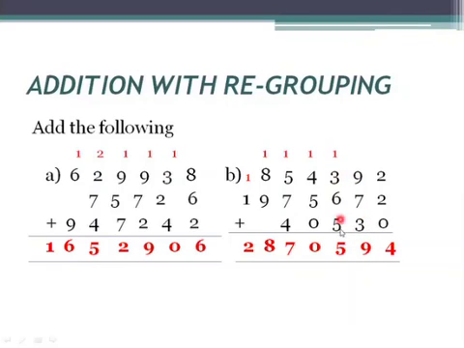So now all these 4 numbers you have to add. 5 plus 6, 11. 11 plus 3, 14. 14 plus 1, 15. So 5 we will write here and 1 we will carry here. Now again these 4 numbers: 0 plus 5 gives us 5, and 5 plus 4, 9. 9 plus 1, 10.